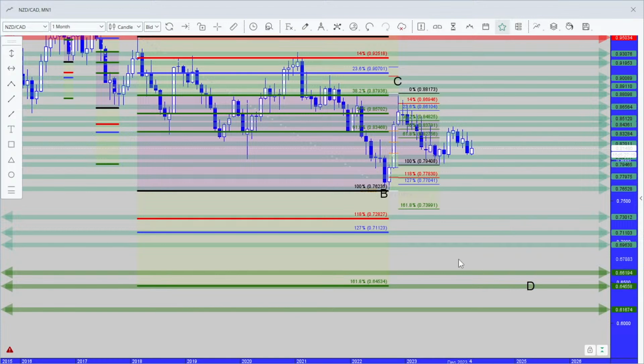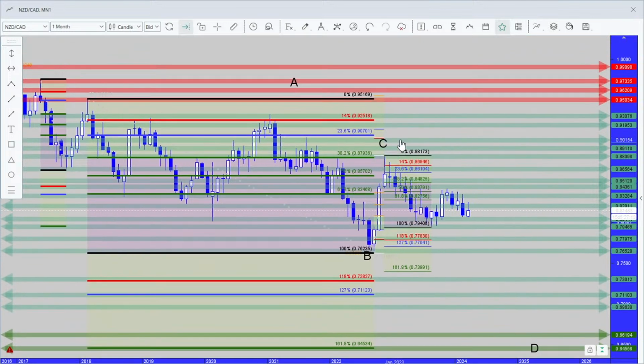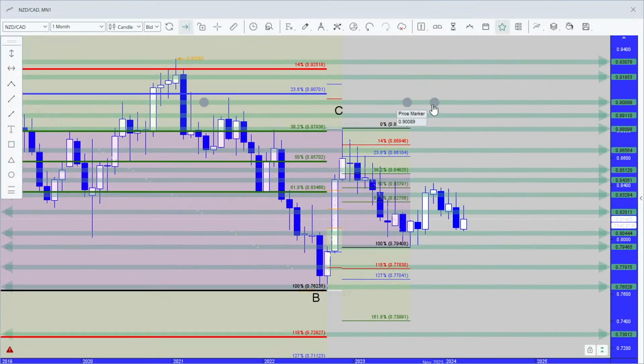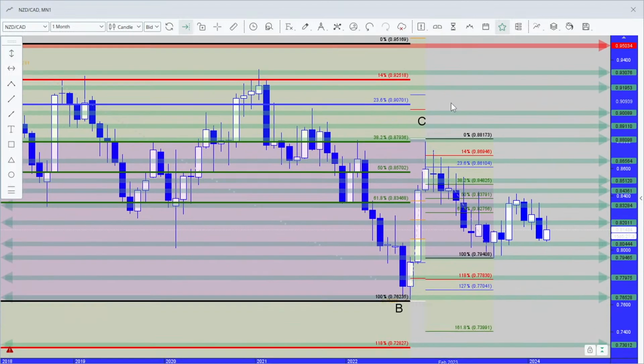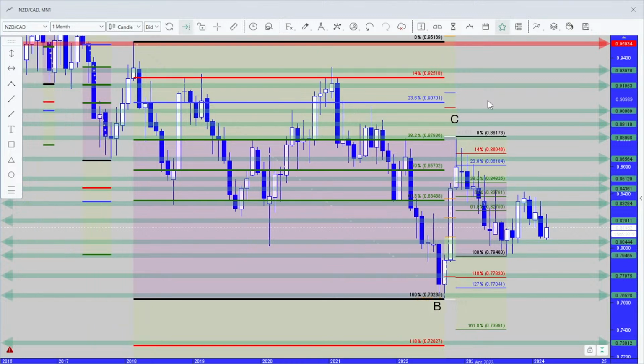But NZDK is positioned long term to come down to here, based on the Fibonacci's. Can you see the orange one, everybody? Where is the orange one? The extension, it's above the A, so this C is confirmed. All right?